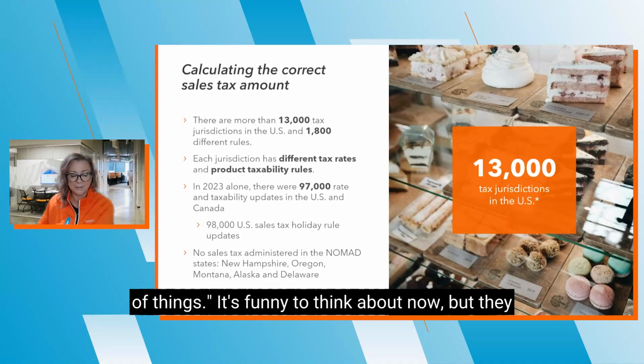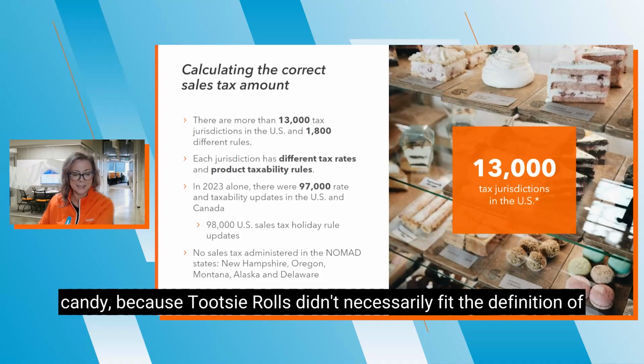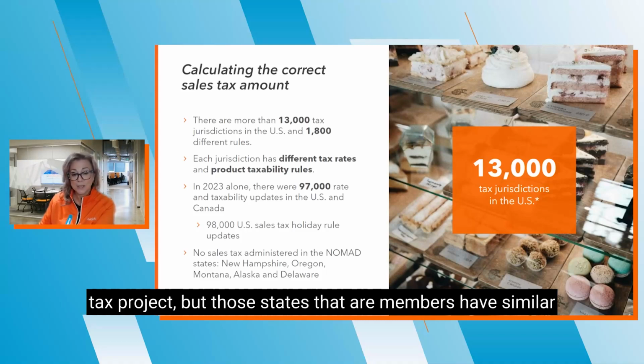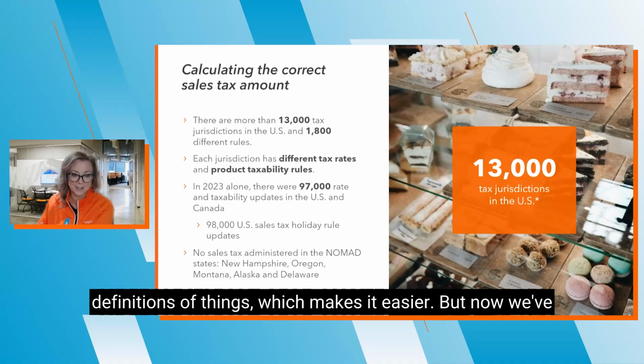And it's kind of funny to think about now, but they spent a lot of time talking about the definition of candy because Tootsie Rolls didn't necessarily fit the definition of candy originally. Not every state took into this streamlined sales tax project, but those states that are members have similar definitions of things, which makes it easier.